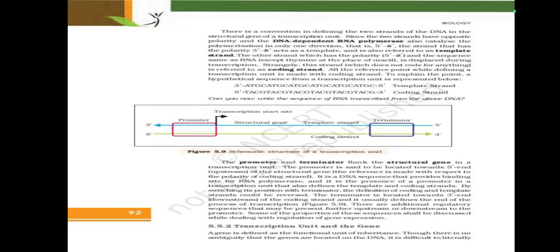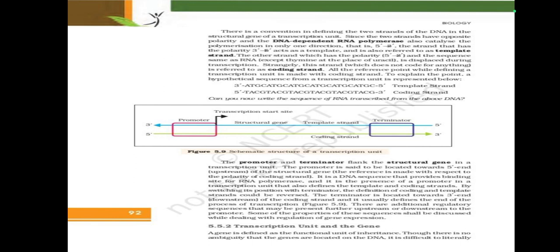It is the DNA sequence that provides a binding site for RNA polymerase, and it is the presence of a promoter in a transcription unit that also defines the template and coding strands by switching its position. Now, with the terminator, the definition of coding and template strands could be reversed.